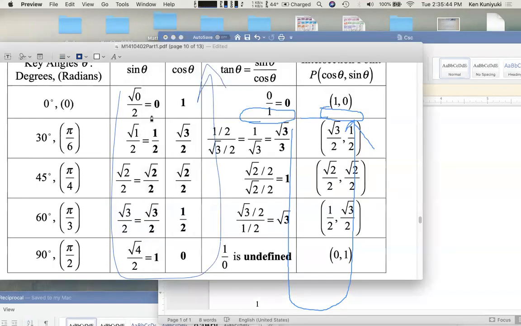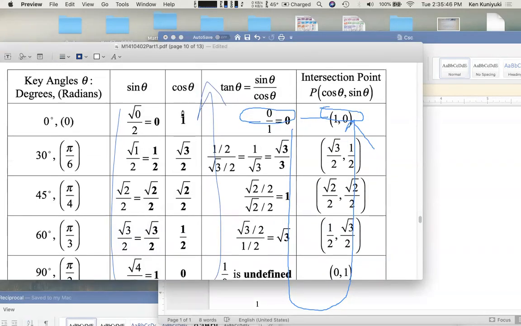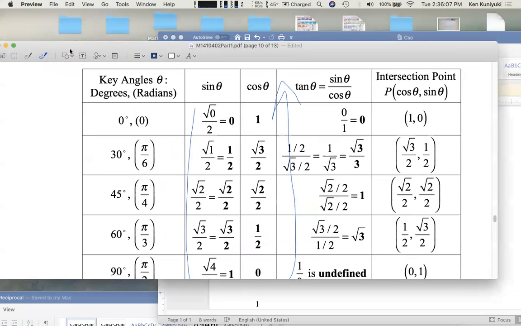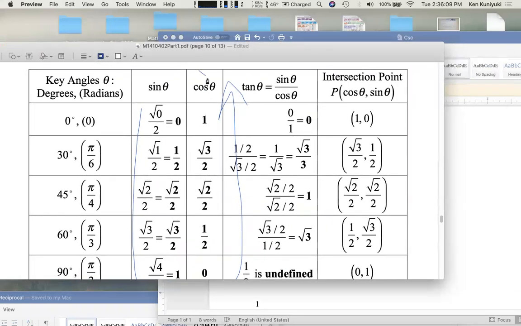Okay, so again, remember that cosine of theta is x, sine of theta is y. So when you consider the corresponding intersection points, by the way, I'll erase these. When you consider the corresponding intersection points, remember that the x-coordinate corresponds to cosine of theta, the y-coordinate corresponds to sine of theta.